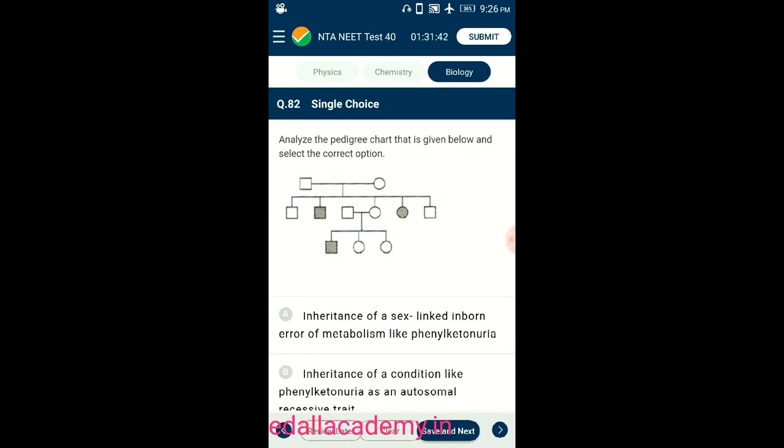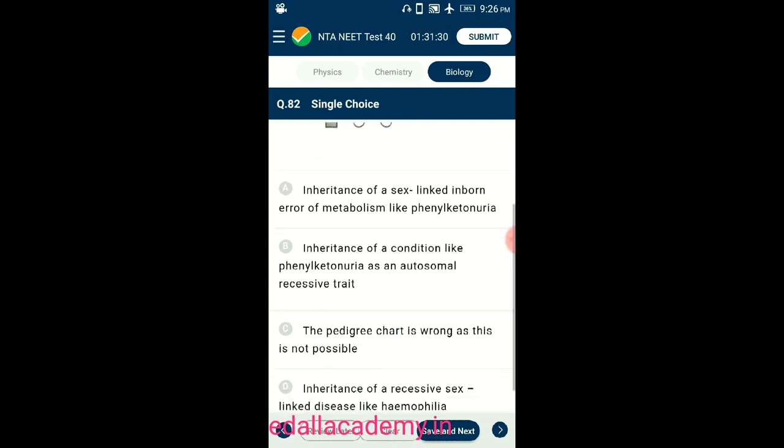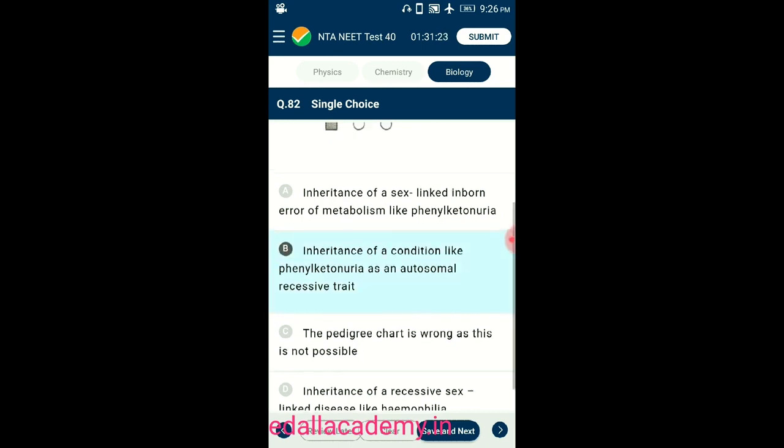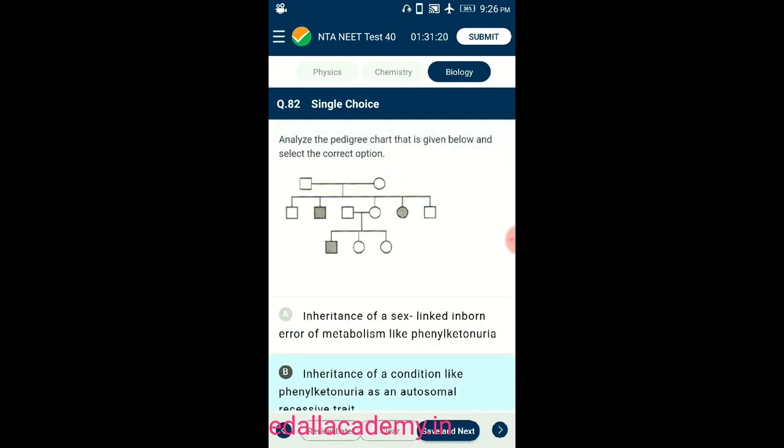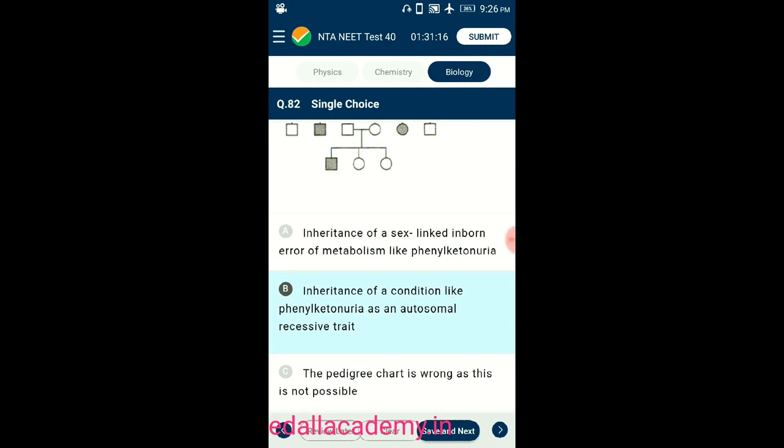Since the disease is recessive, for girls to be affected by an unaffected father, the disease has to be autosomal recessive. So the answer for this question is option B. The pedigree chart given below shows the inheritance of conditions like phenylketonuria as an autosomal recessive trait.